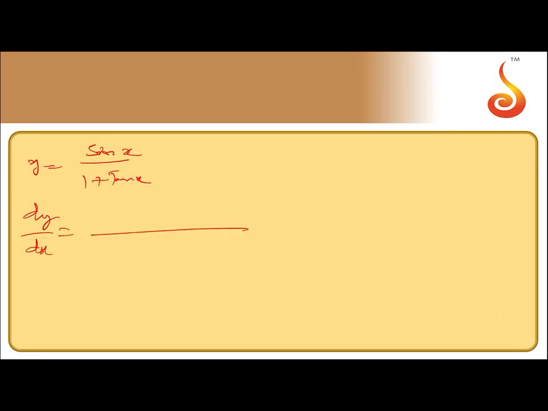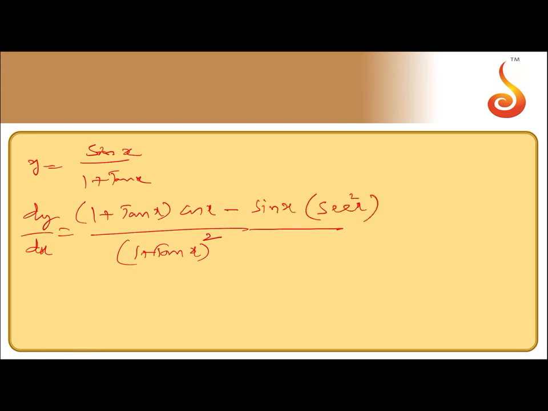The derivative of this, dy by dx, is equal to 1 plus tan x taken whole square, so 1 plus tan x multiplied by the sin x derivative, which is cos x, minus sin x multiplied by the 1 plus tan x derivative, secant square x.